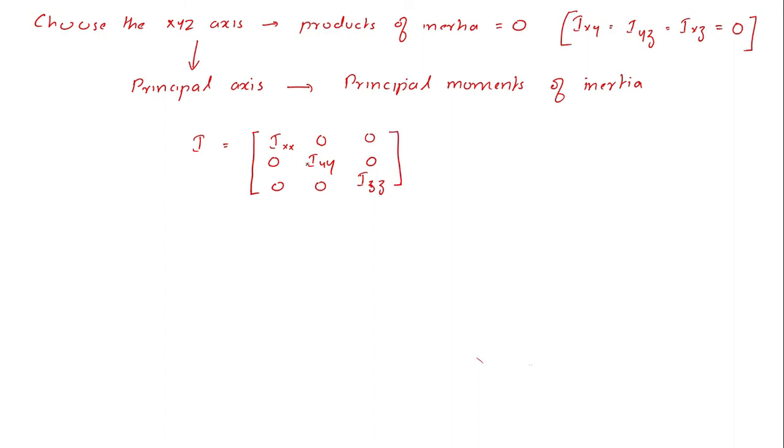To distinguish the principal moments of inertia, when the axis is the principal axis, Ixx will be referred to as I1, Iyy will be referred to as I2, and Izz will be referred to as I3. So I can write it as I1 0 0, 0 I2 0, 0 0 I3. This is how you write the corresponding moments of inertia in case the axis is the principal axis.